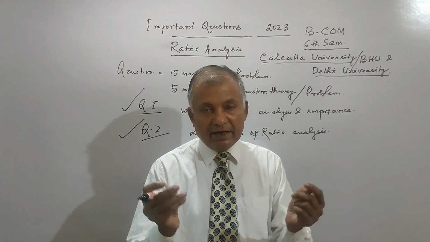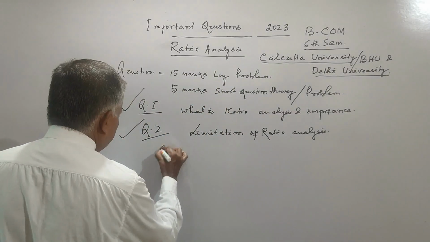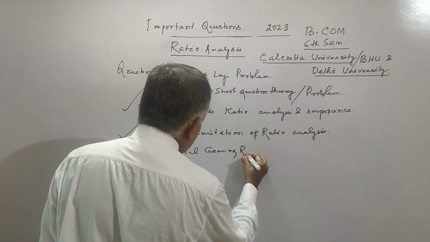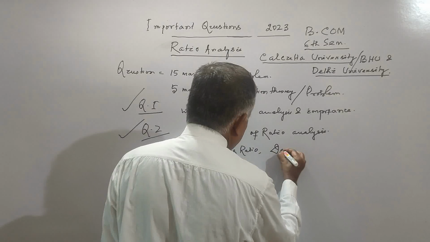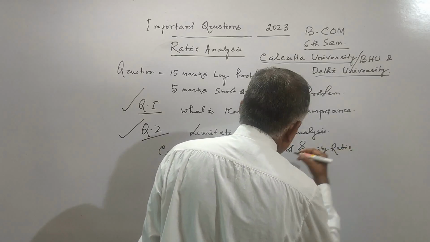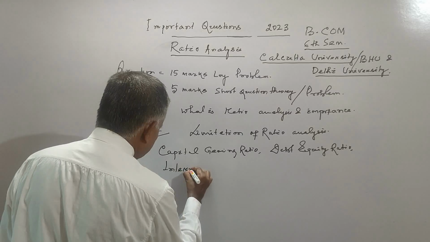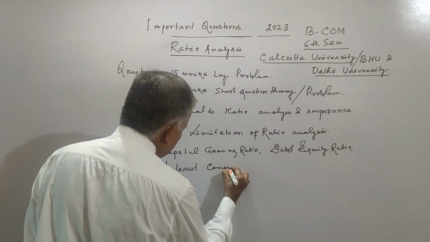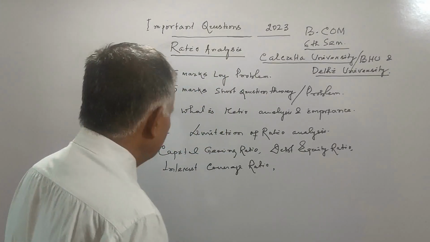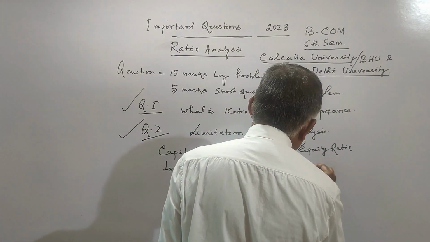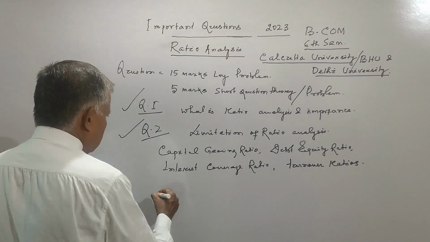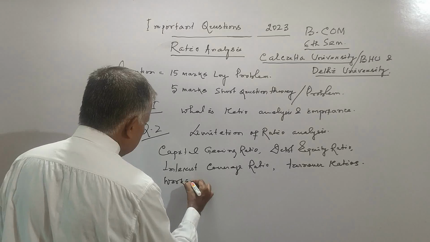Other very short questions they might ask are on the capital gearing ratio, the debt equity ratio, the interest coverage ratio, the turnover ratios, and sometimes the working capital ratio.